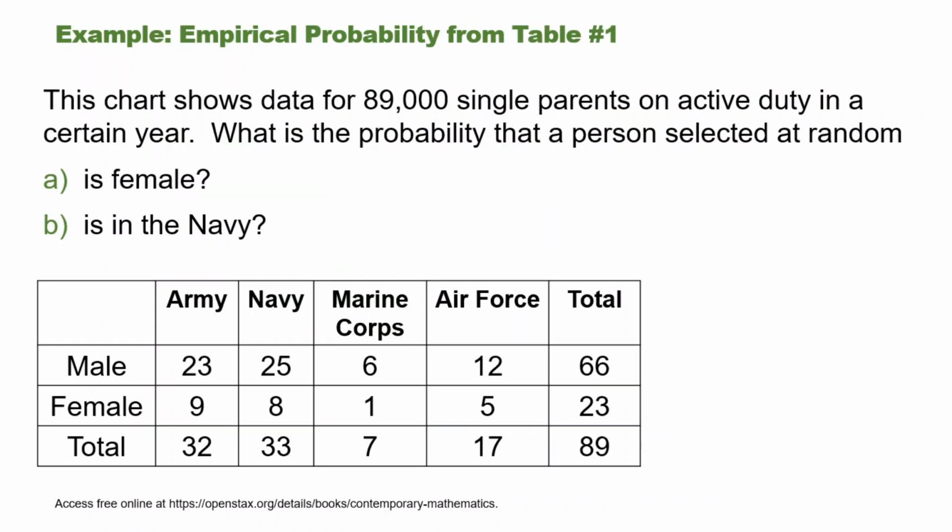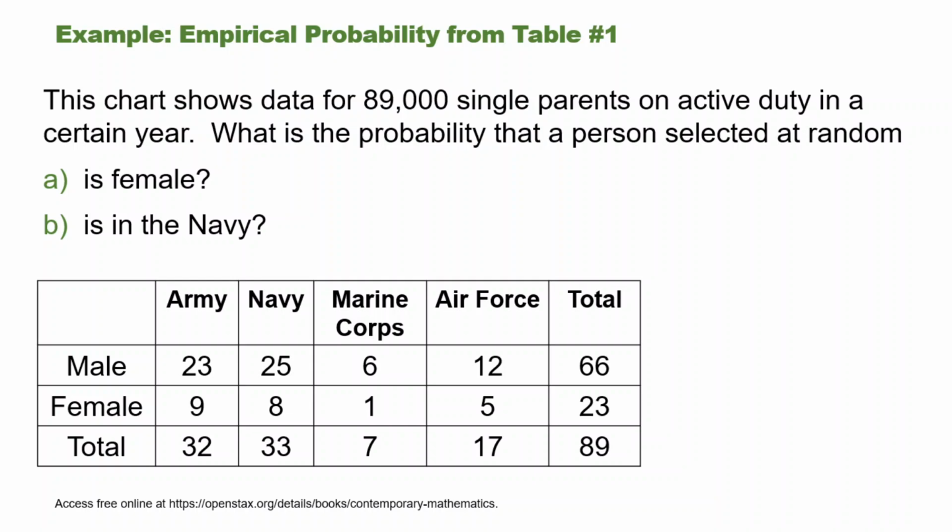Example, empirical probability from a table, number 1. This chart shows data for 89,000 single parents on active duty in a certain year. What is the probability that a person selected at random, part A is female and part B is in the Navy, as two separate events?